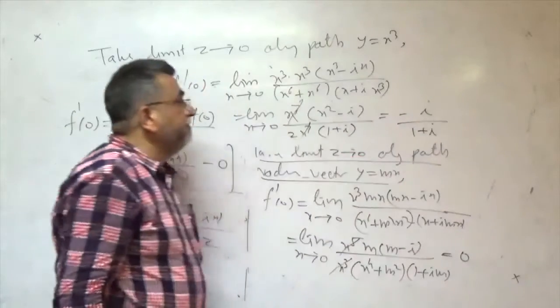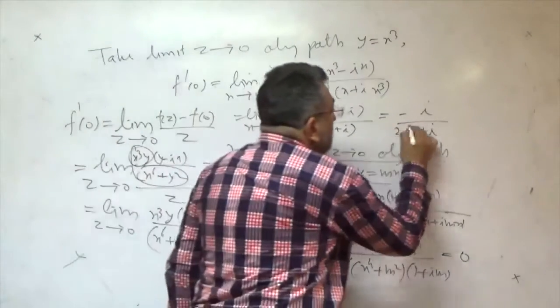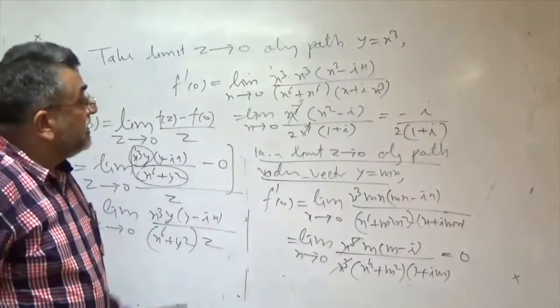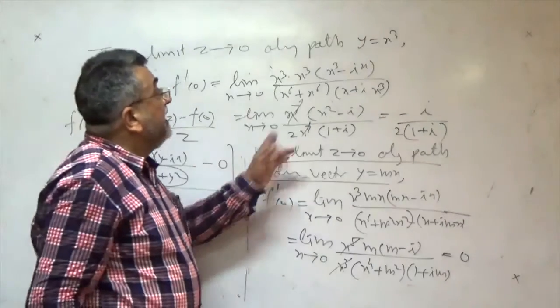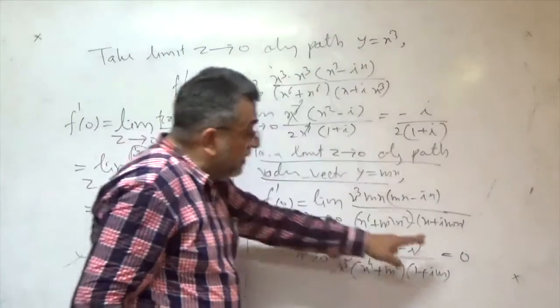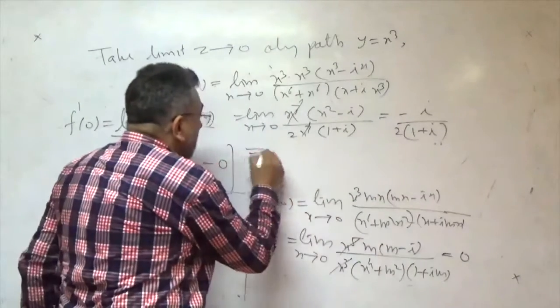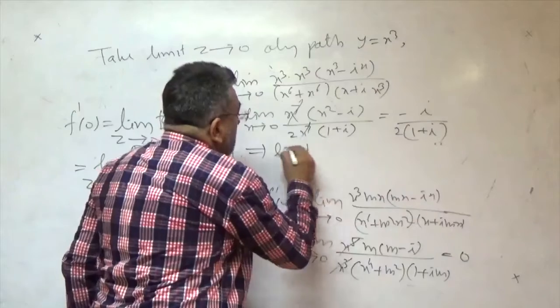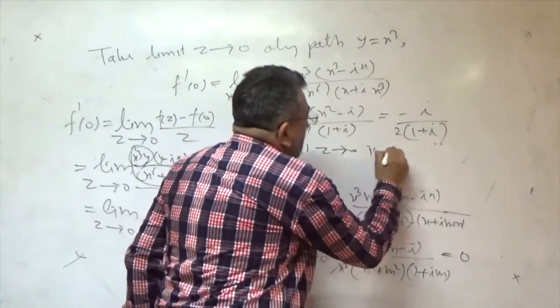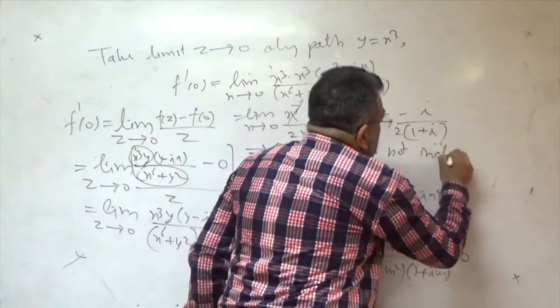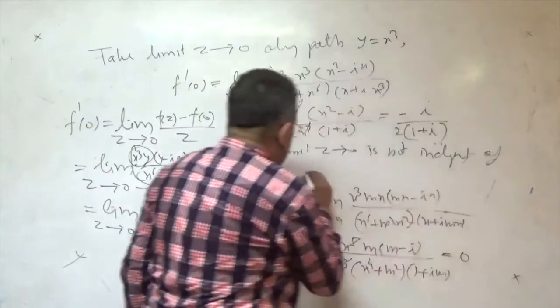Now we put x equal to 0, and then we get minus i upon 2 times 1 plus i. This is the value of the limit along the path y equal to x cube, and it is not equal to 0. That means both limits differ, which implies that the limit as z tends to 0 is not independent of path.